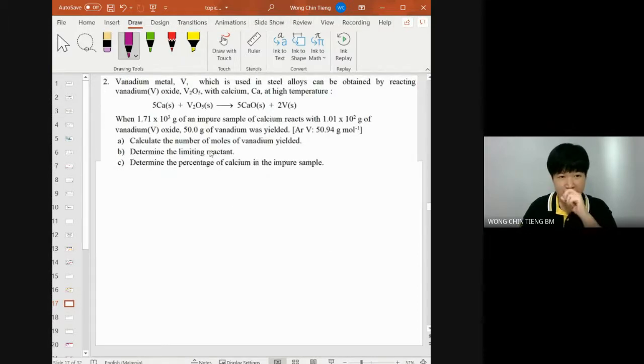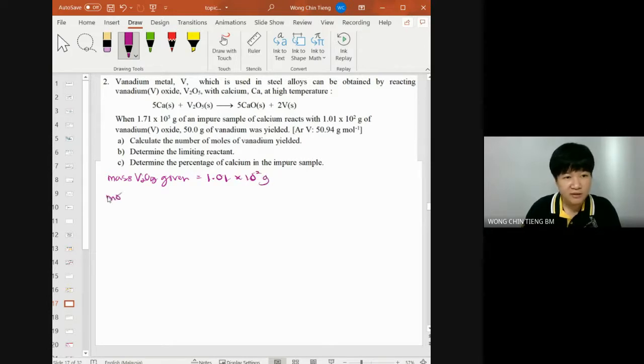Kita akan kira number of mole untuk vanadium oxide dulu. So, mass of V2O5 given is 1.01 times 10 to the power of 2 gram. So, molar mass of vanadium oxide, V2O5.